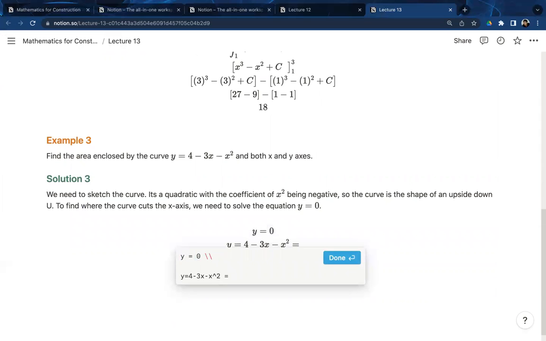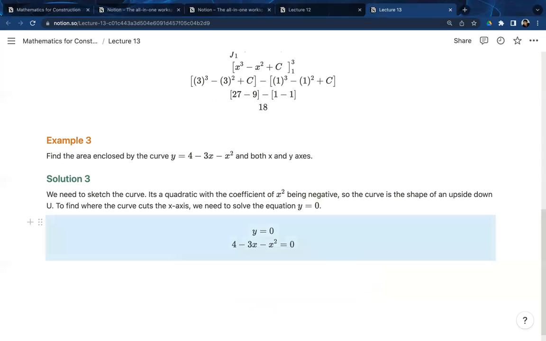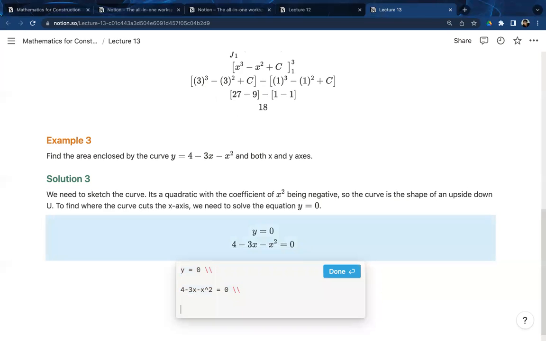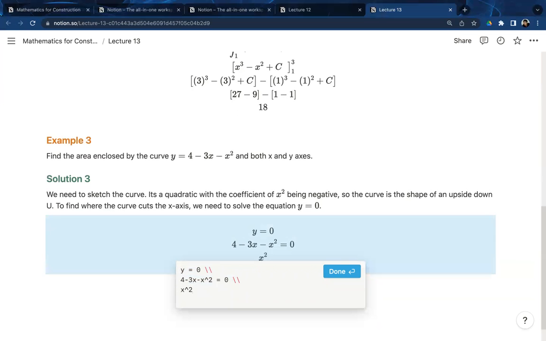So all of this equals 0. So when this equation is simply multiplying everything by -1, you get x squared plus 3x minus 4 equals 0. Multiply everything by -1 to make it look a little bit easier, right?